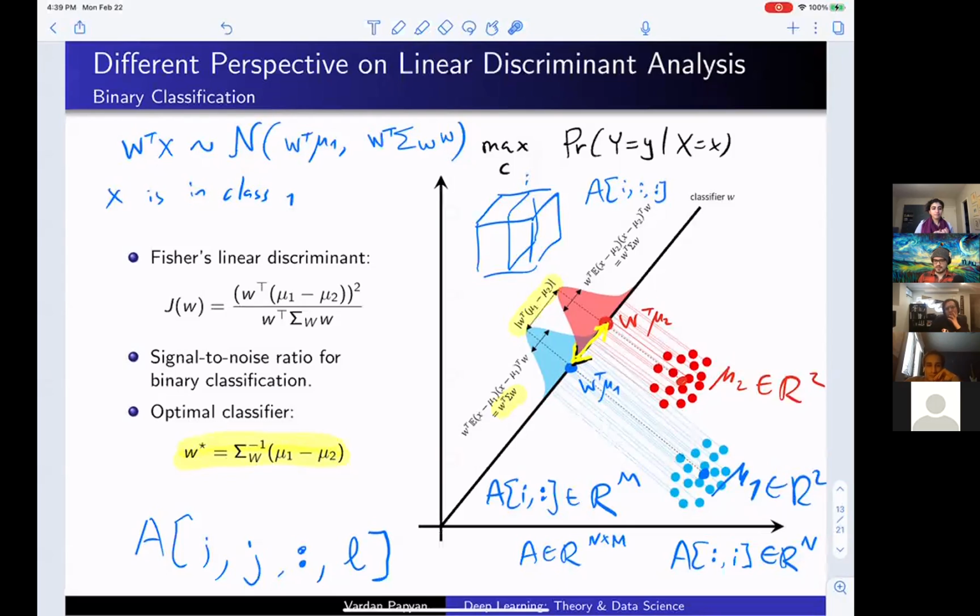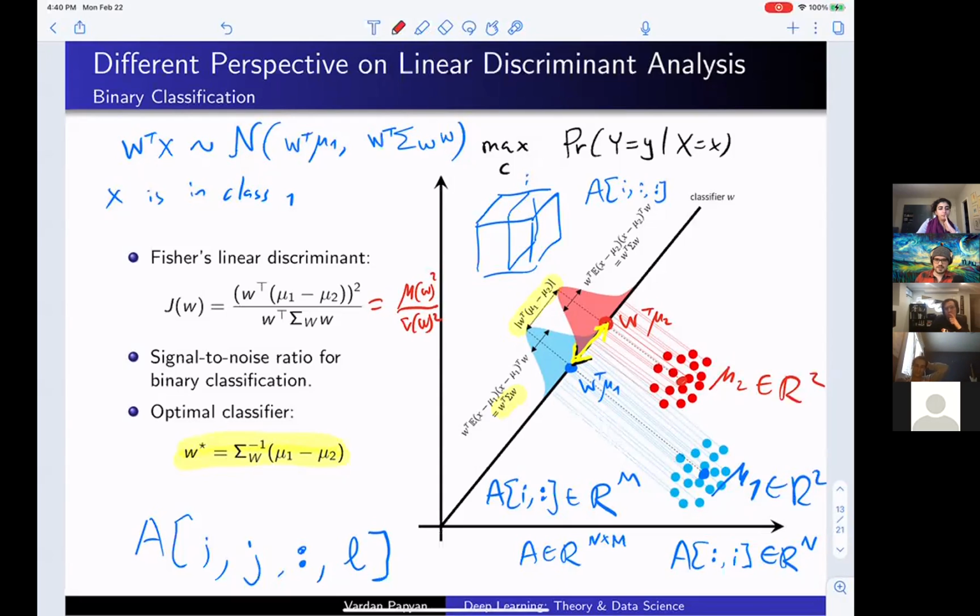And that is indeed what Fisher did. Fisher said, let's define a function J, which depends on a direction W, and let us define a criterion which says how good is this W. This criterion is equal to the mean as a function of W squared, divided by the standard deviation as a function of W squared.